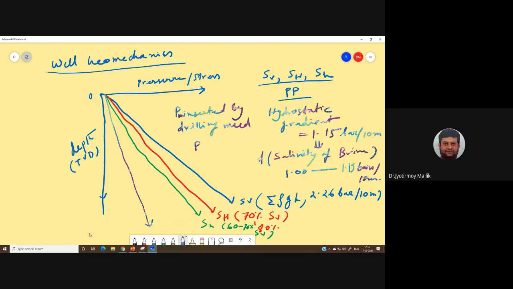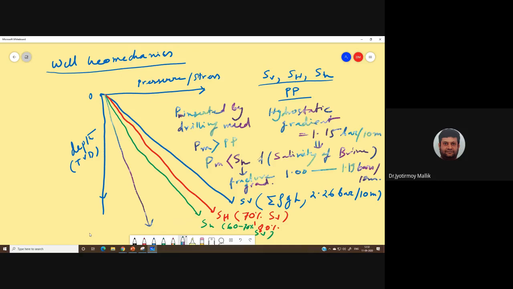Okay, PM must be more than pore pressure, and PM must be less than S small h. By the way, S small h is also called fracture gradient. We will see why S small h is called fracture gradient later on.